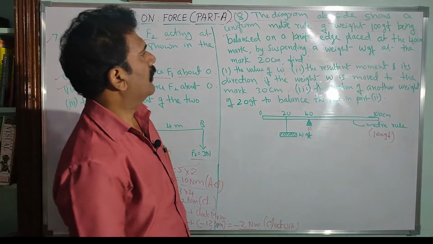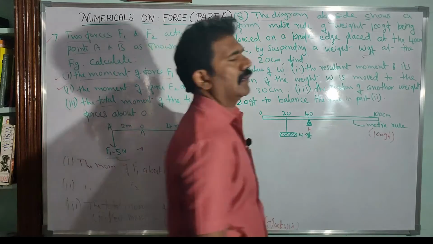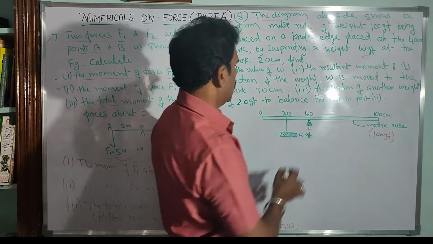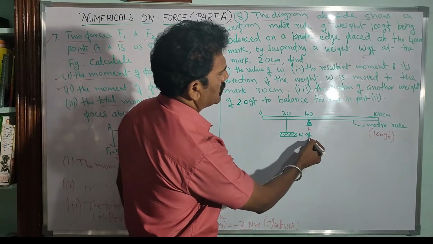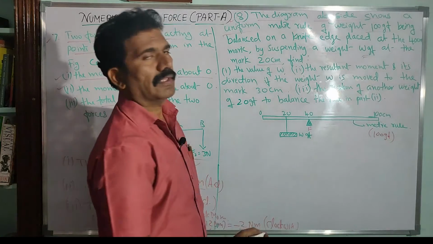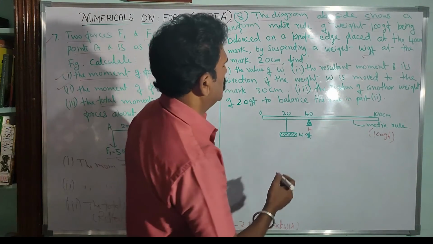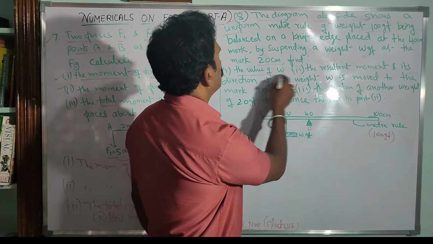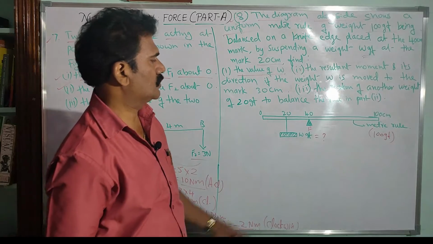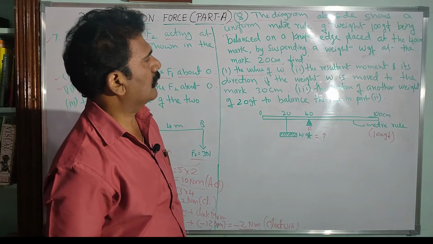Now, by suspending a weight W GF, an unknown weight, at the mark 20 centimeter, you have to find the value of W first. What should be the value suspended at point 20 in the first part of the problem?